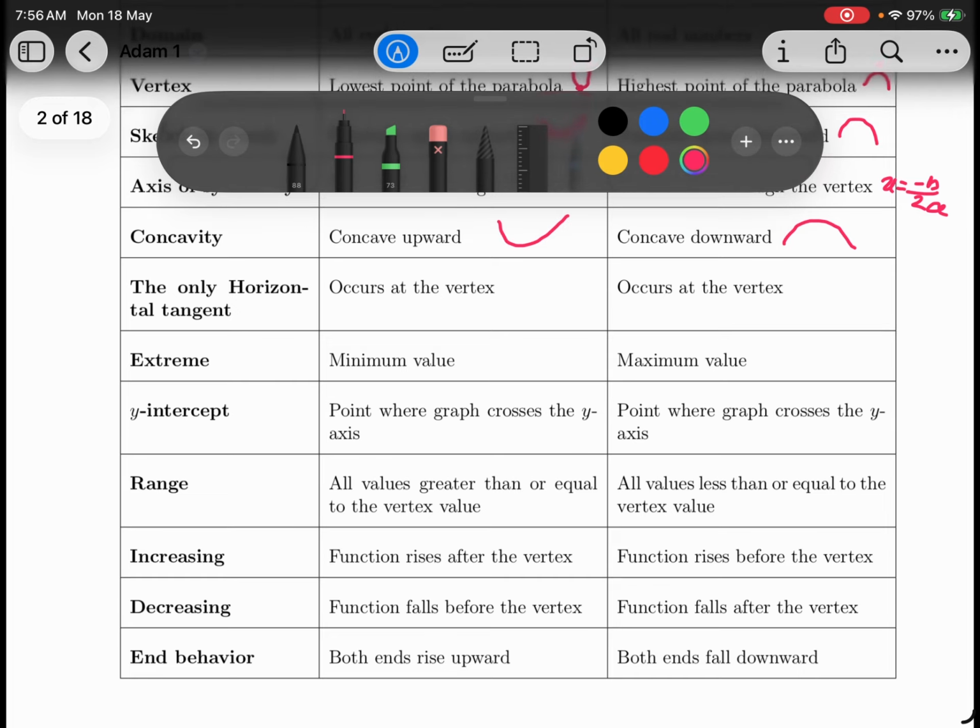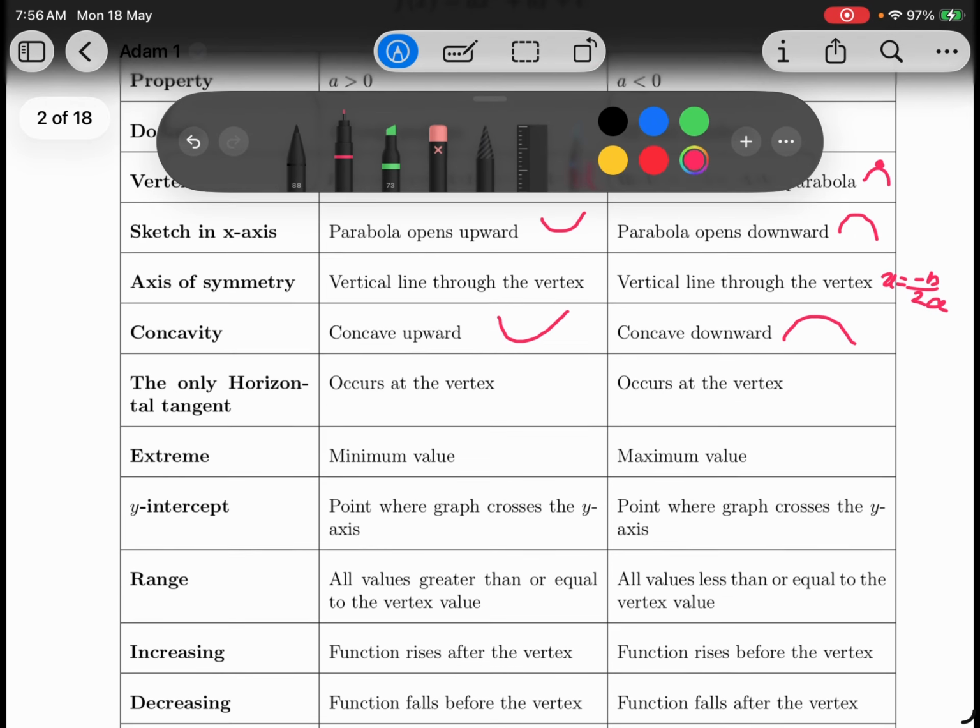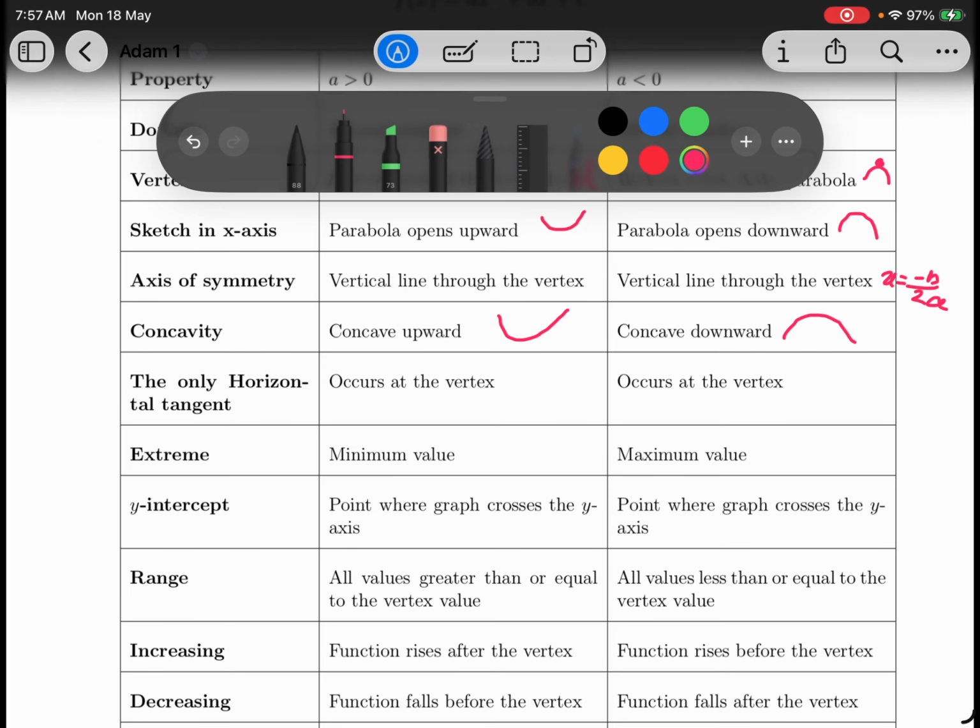And for some reason this is mentioned here: the only horizontal tangent, so the equation y equals the y-coordinate of the vertex, okay.